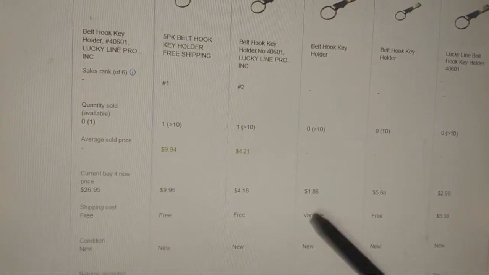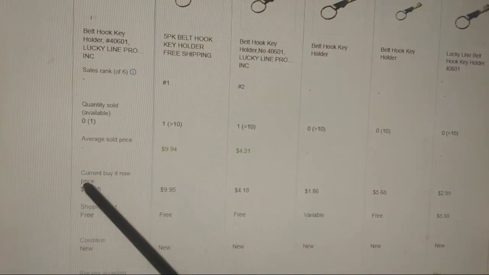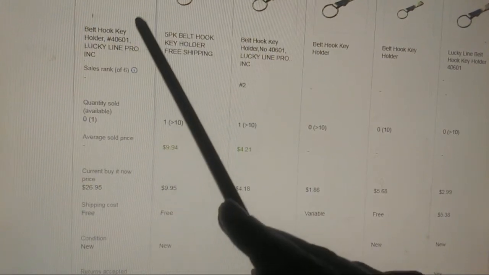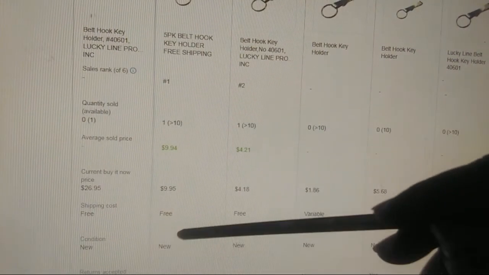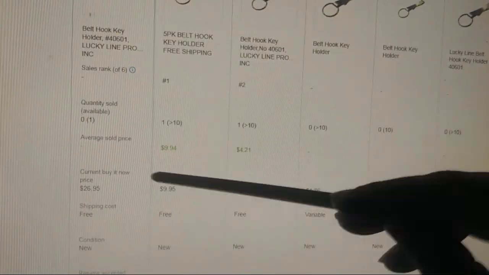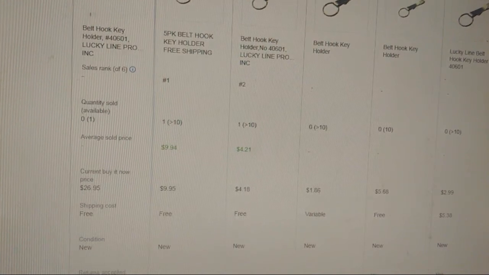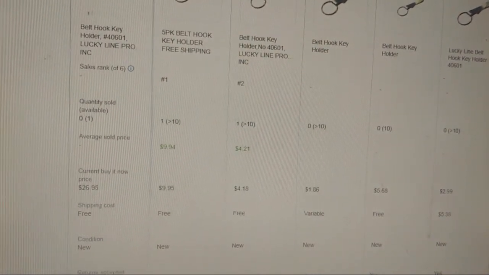Now, let me tell you the solution for myself that I'm going to do with this item. The reason mine is $26.95 is because there's 10 of them. So what I'm going to do is retake the picture of just one and then list it closer to the price point of this person, because I actually do have 10 of them. I was just trying to bulk group them all together, and that has not worked.